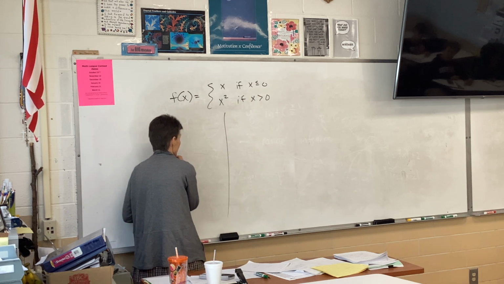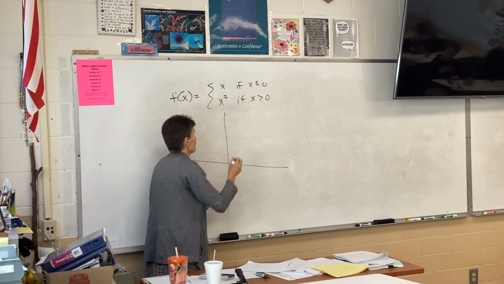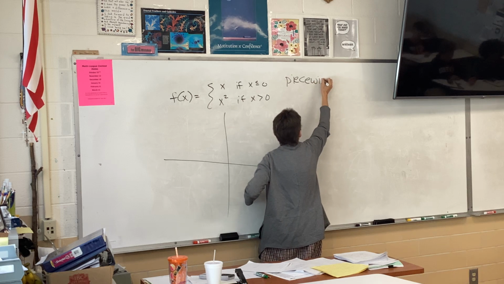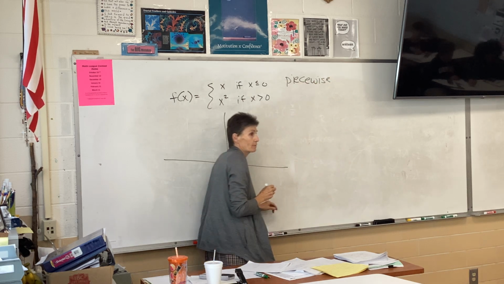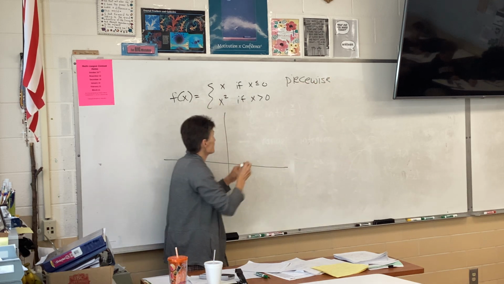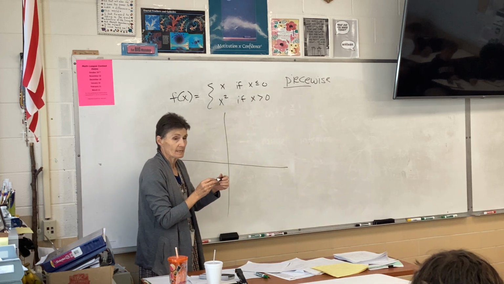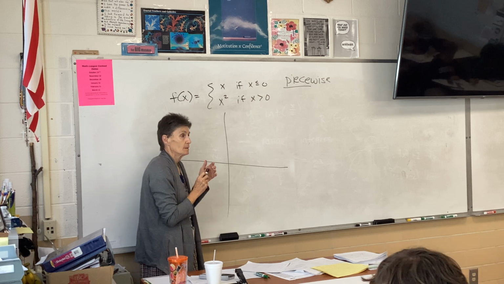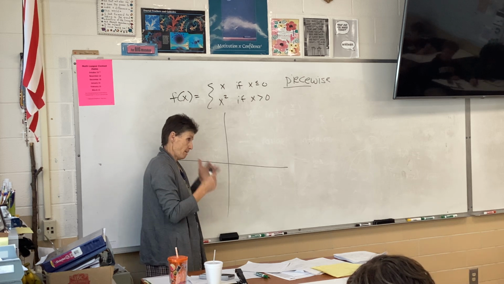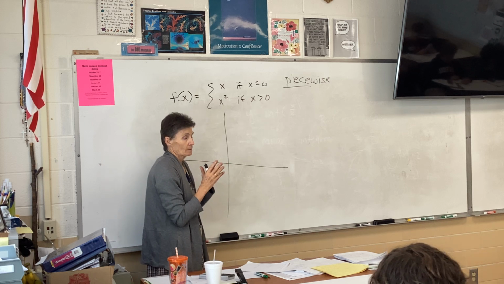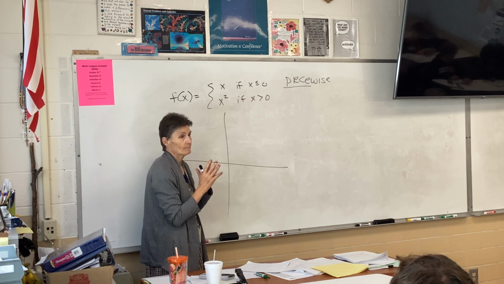All right, so here we go. Does the word piecewise make sense to you? The function is in pieces, and we are going to graph it in pieces. Almost every time you have a piecewise function, there's going to be a break in it.